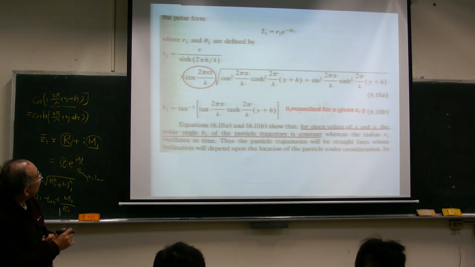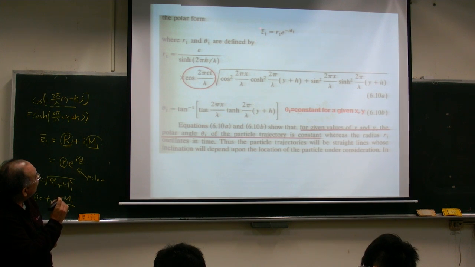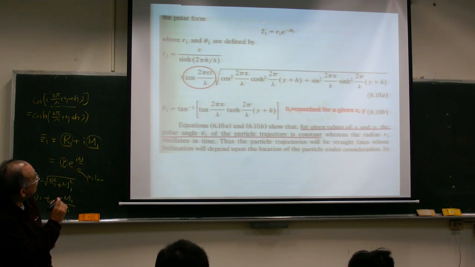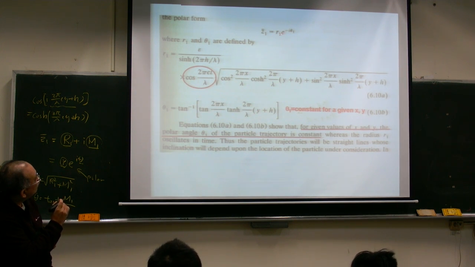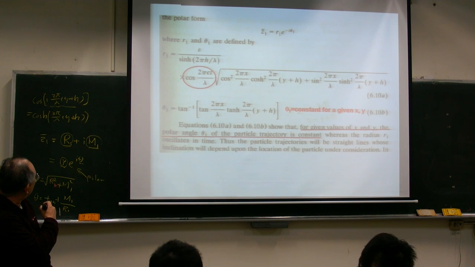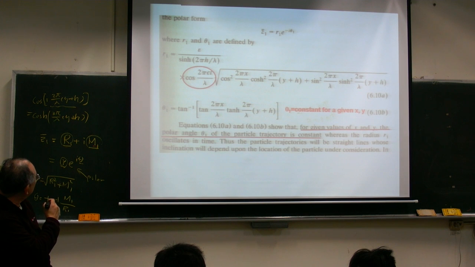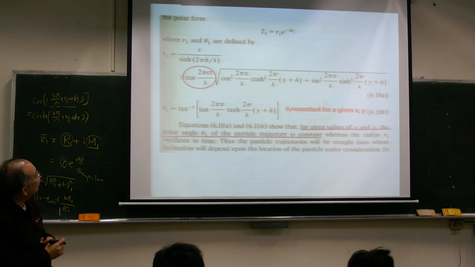So what we did is just what I said on the blackboard here. We try to express our z1 bar in polar coordinates, and we have R1 times e to the i theta 1. So this one is related to this one. R1 should be equal to the square root of the real part squared plus the imaginary part squared. Take the square root.